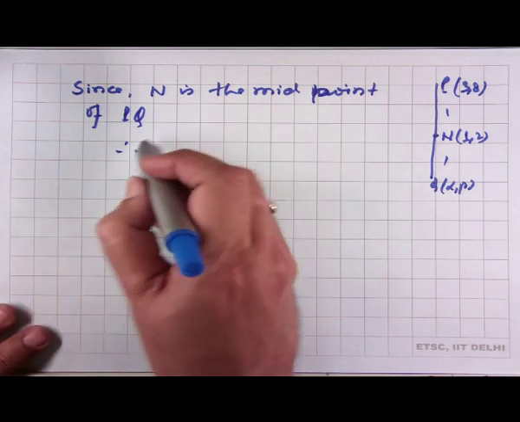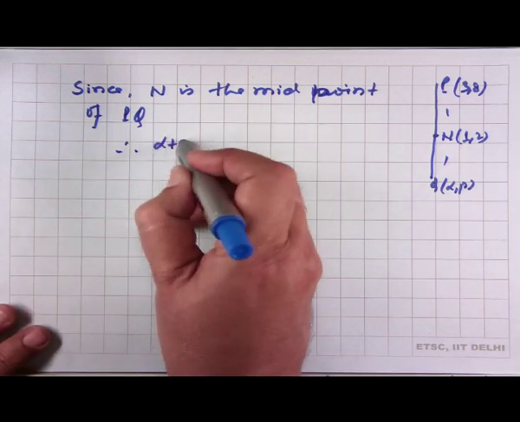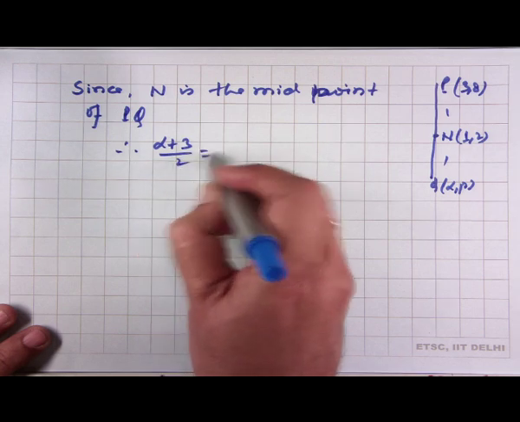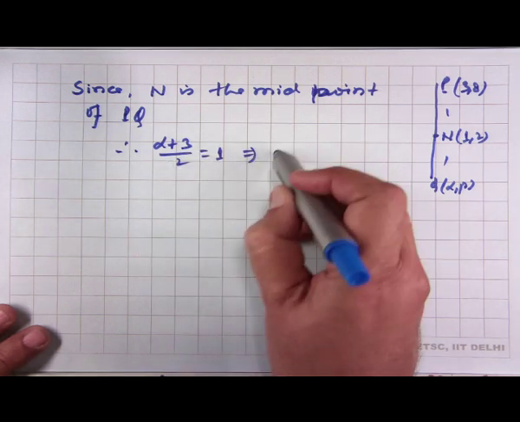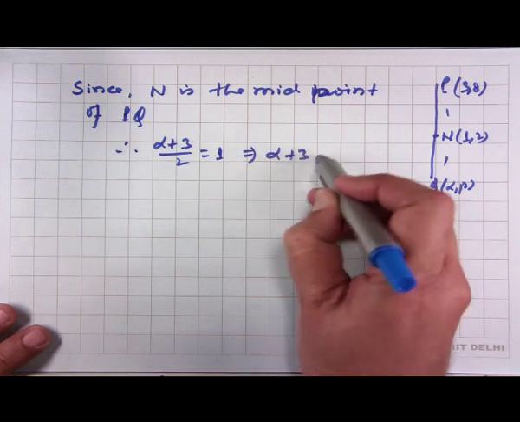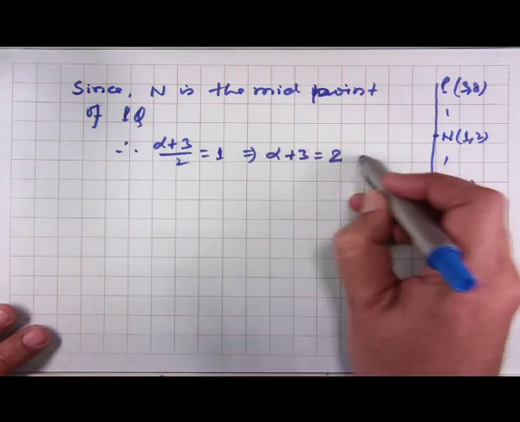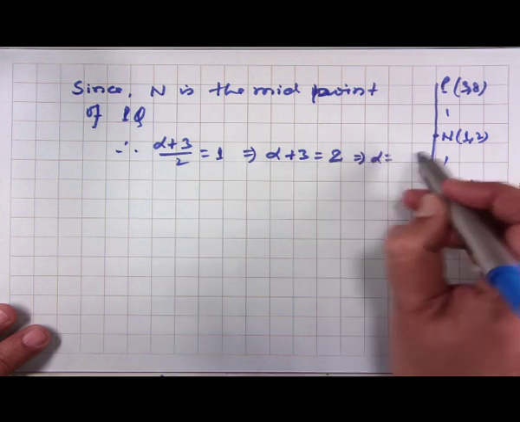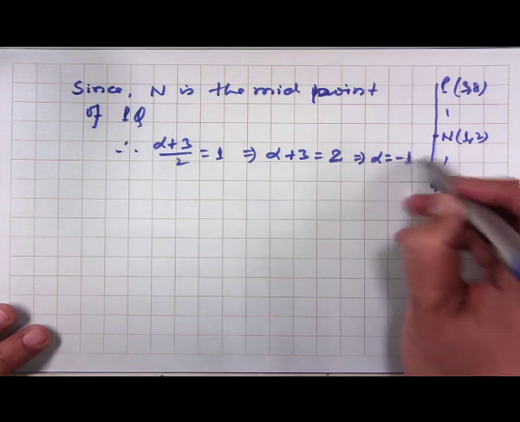so alpha plus 3 by 2 is equal to 1. This implies alpha plus 3 is equal to 2. This implies alpha is equal to minus 1.